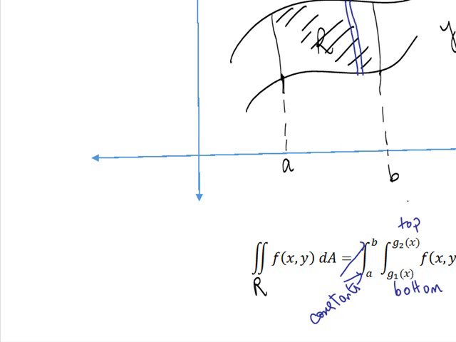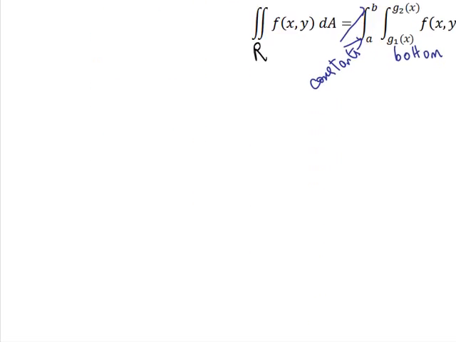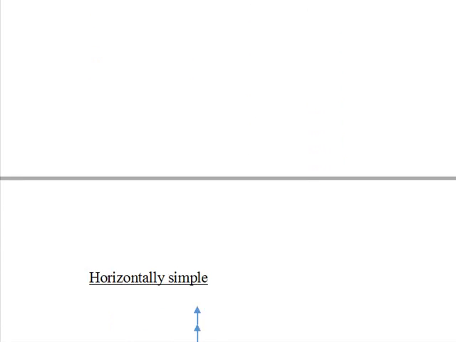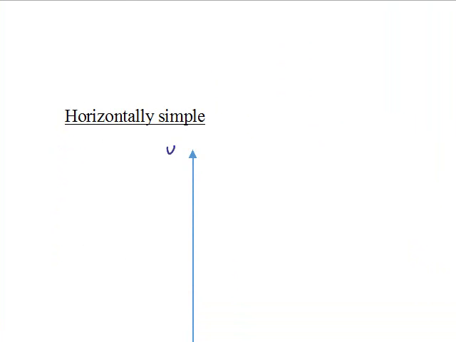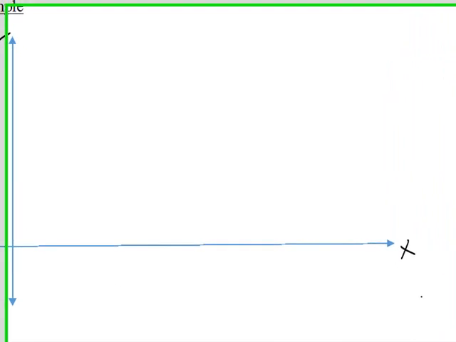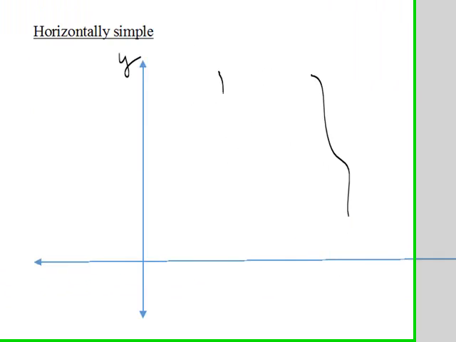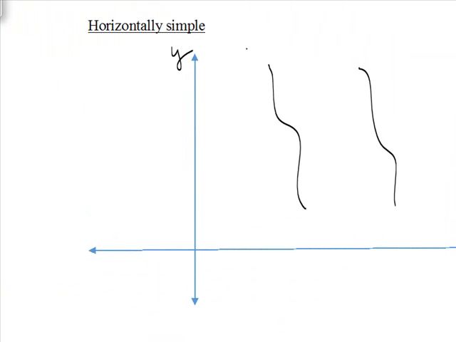Now let's look at horizontally simple. I'm sure you know, for horizontally simple you have to draw a horizontal strip. So call this curve x equals f1 of y.